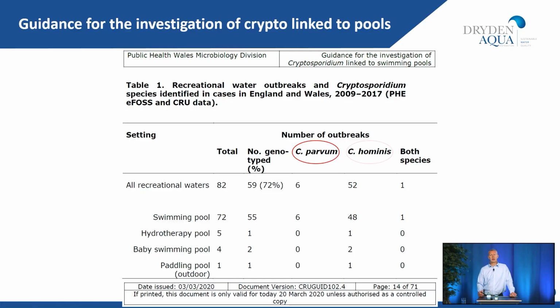And the one that's more prevalent in pools is Cryptosporidium hominis from humans. And you can see in the findings of this report that the large majority of outbreaks are assigned to recreational waters. In fact, 52 outbreaks, and 48 of those were actually in general swimming pools and a few in hydrotherapy pools.